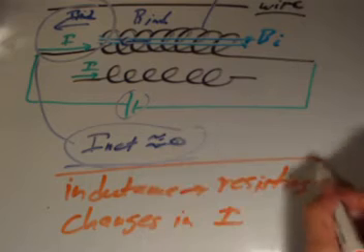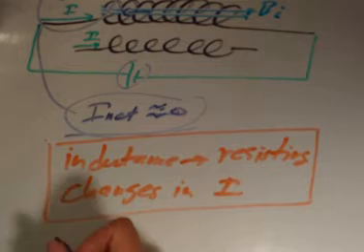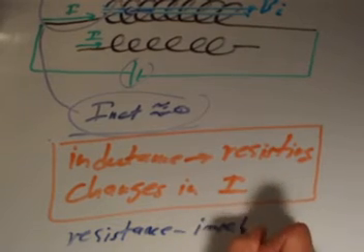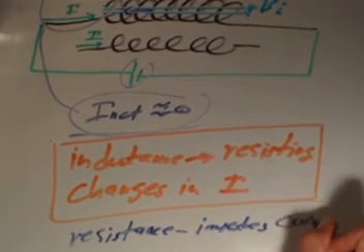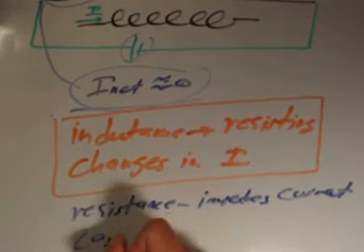That's what the property of inductance is all about. And you can categorize that in your mind, on your list of electrical devices, with resistance, which impedes current. It didn't say anything about changing current the way inductors do. It just impedes any current that you send its way.